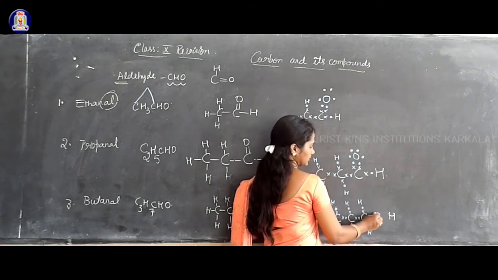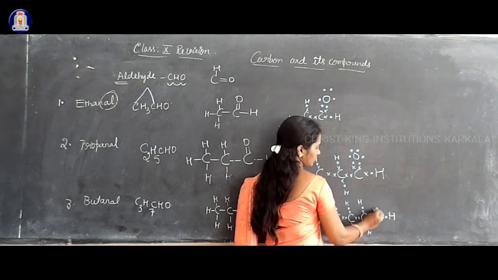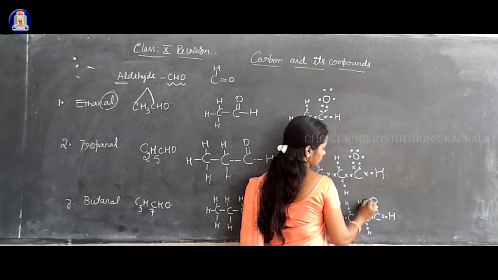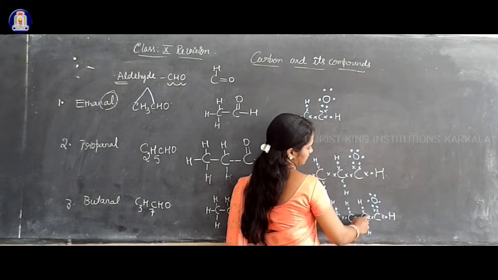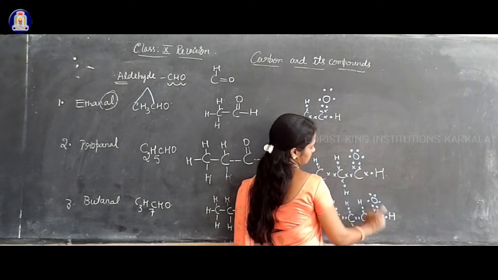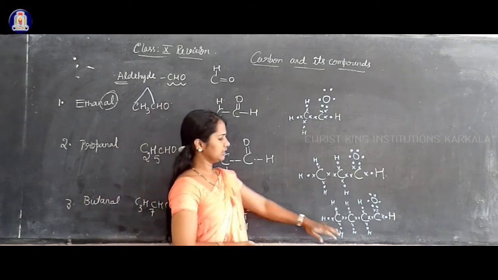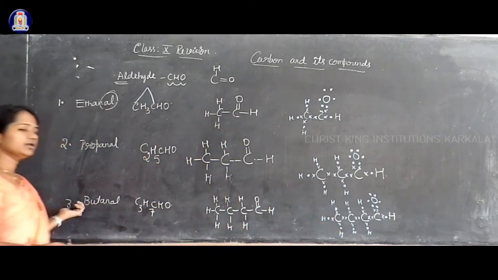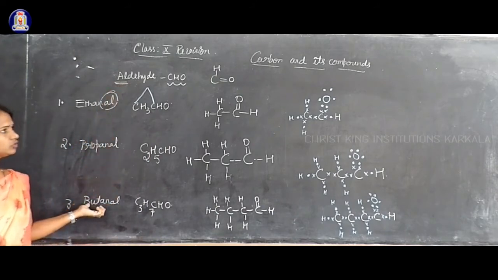Here oxygen. So this complete first. 2 electrons of carbon, 2 electrons of oxygen. 1, 2, 3, 4, 5, 6. So this is the electron dot structure of the third compound of the family of aldehyde, that is butanal.